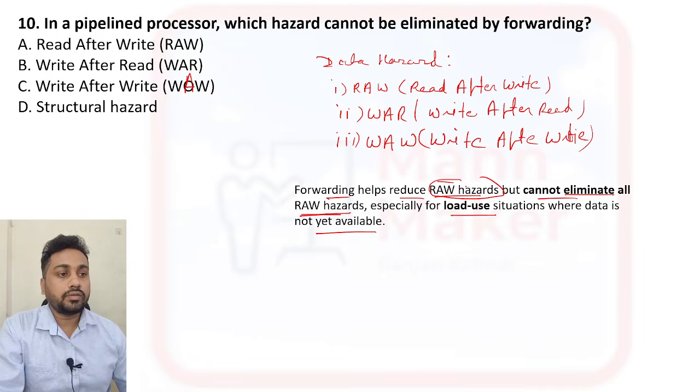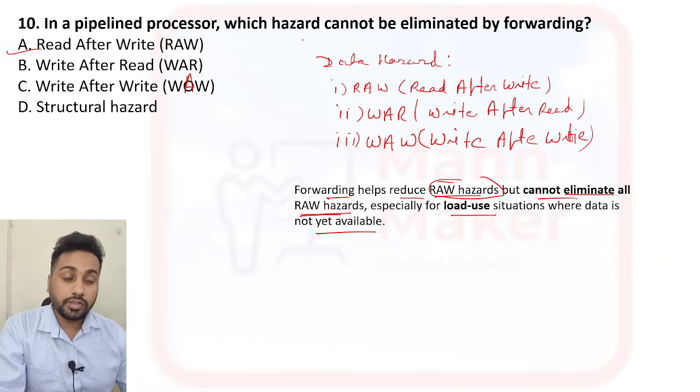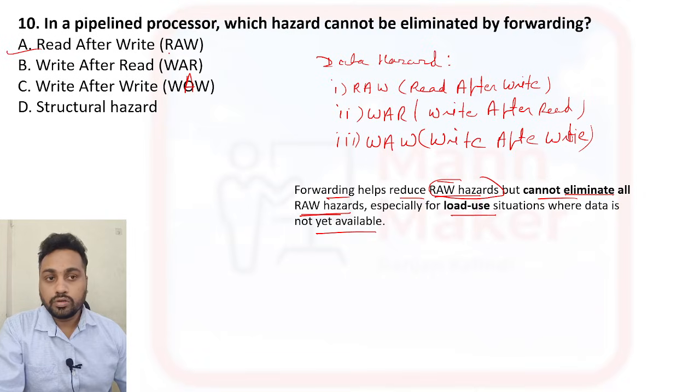So which hazard cannot be eliminated by forwarding? RAW, that is read after write, will not be fully eliminated with the help of forwarding, but it can reduce that hazard somehow. So from here option A is your right answer.